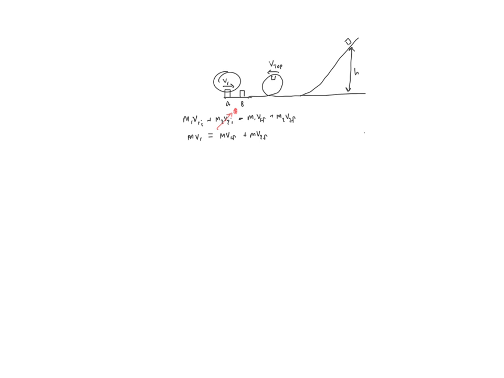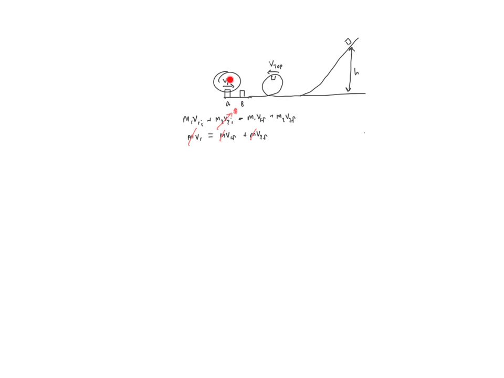We have the same M in all three terms, so I can cancel that out. What this tells you is that V1 is equal to V1 final plus V2 final. So the final velocities of these two blocks combined will add up to that same initial velocity of V1.